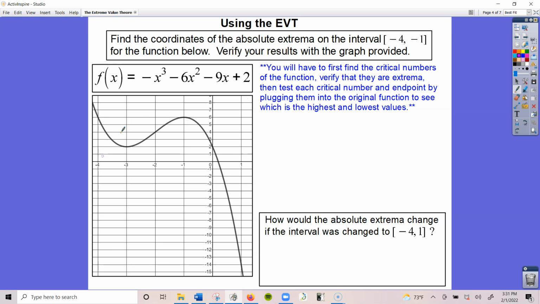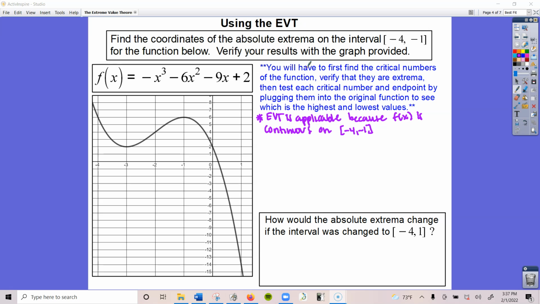Even if I didn't have the graph, by looking at the equation, I know that this is going to be continuous because it is a polynomial. Therefore, EBT is applicable. And again, it's applicable because f of x is continuous on the interval -4 to -1.